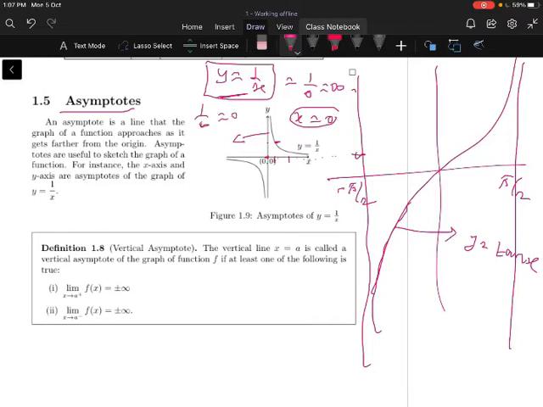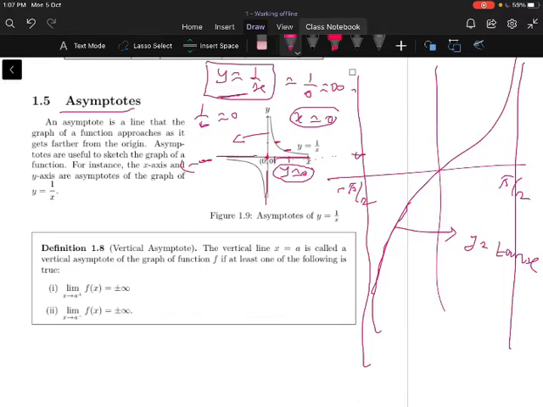So when x increases, y goes to 0. This means the curve y is equal to 1 by x meets the x-axis at infinity. Therefore y is equal to 0 is a horizontal asymptote. Similarly, one can observe the same for the interval minus infinity to 0. Again, the y-axis is the vertical asymptote and the x-axis is the horizontal asymptote.